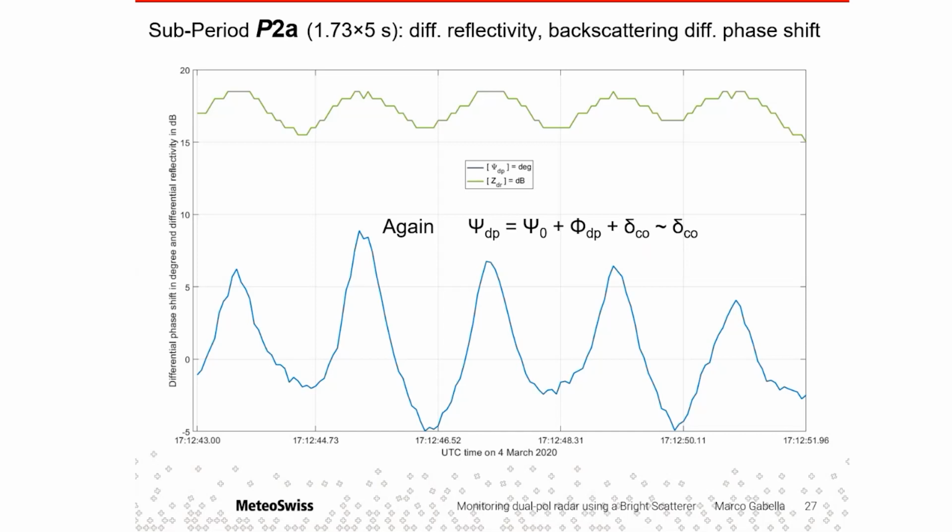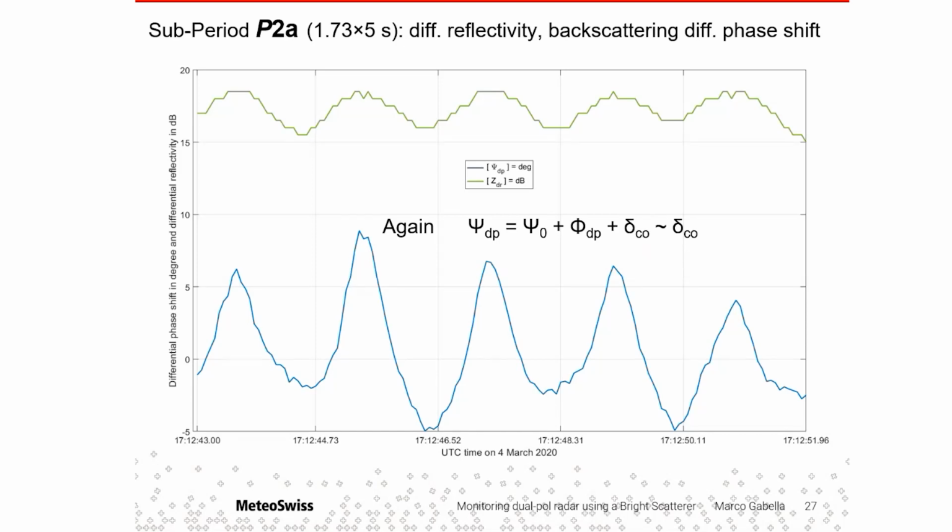But it's quite surprising to see that even an object like the wind turbine, for a short period of time, here is just 8 seconds, but it was like this for about 20 seconds, you can clearly see that ZDR and delta are related, so that the correlation between the two is very high.